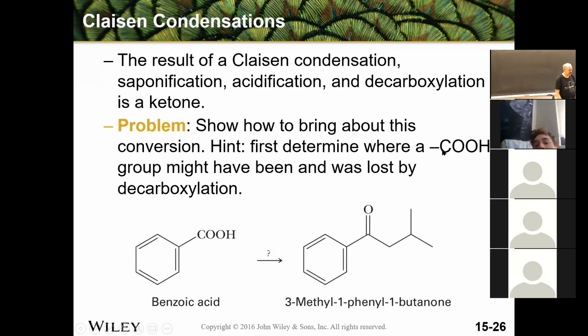We'll first determine where a carboxylic acid group might have been, where it might have been lost.